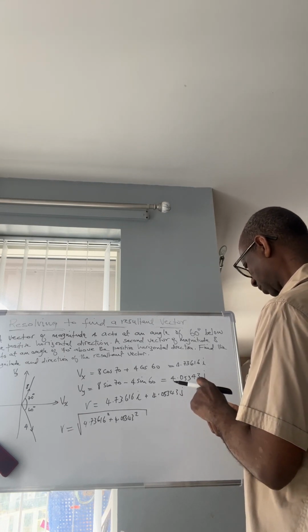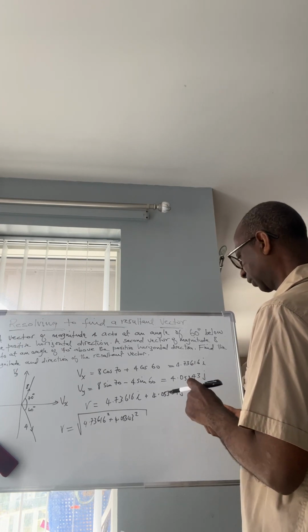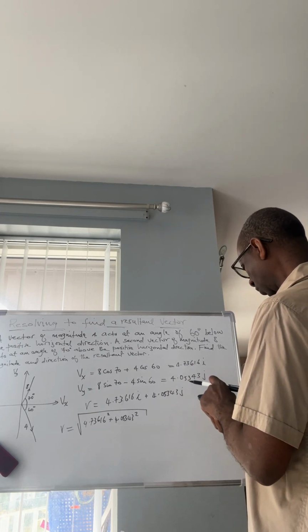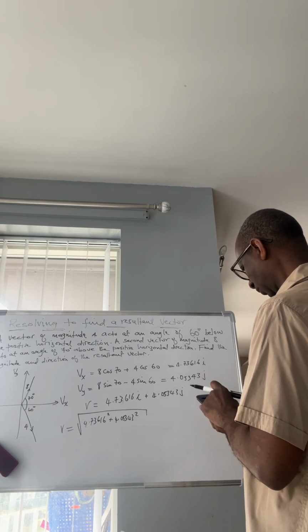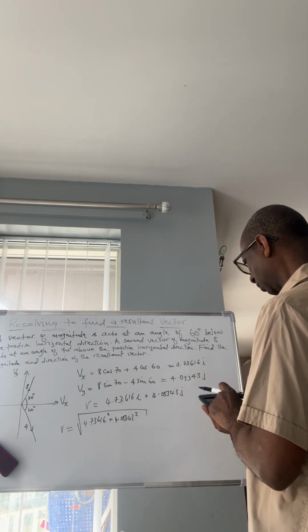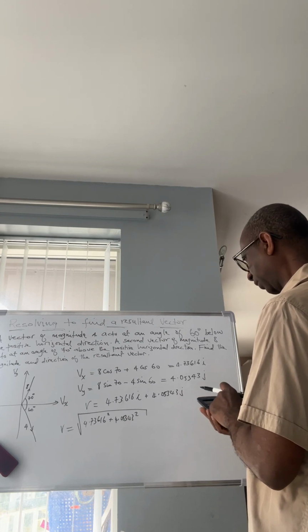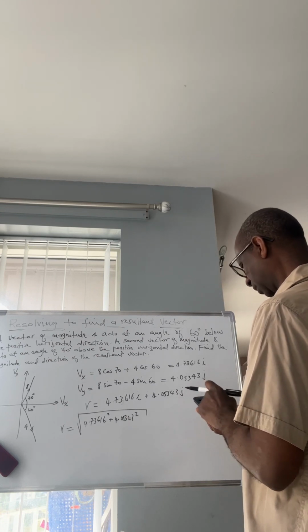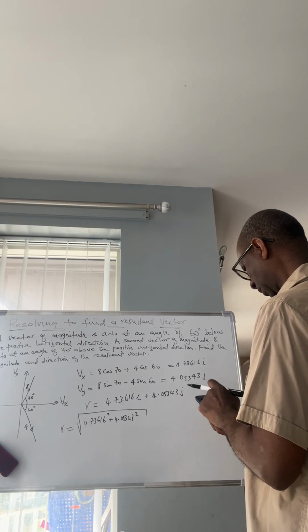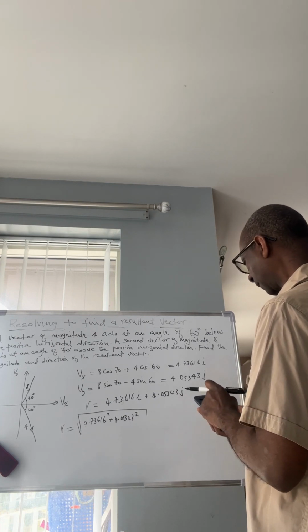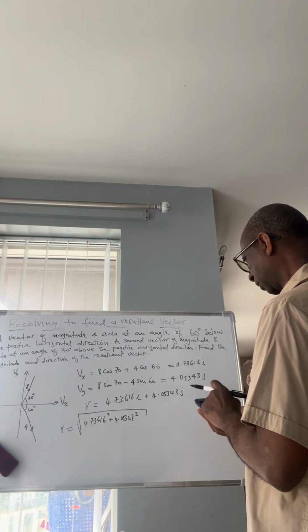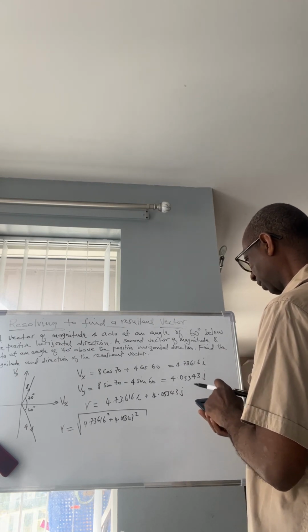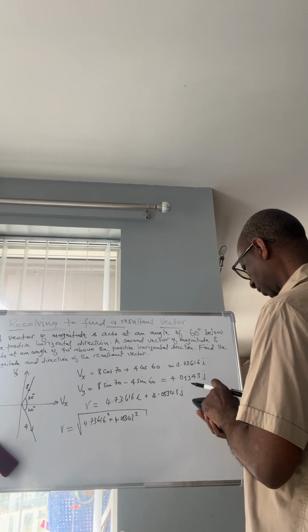What if I press the wrong button? The square root of 4.73616 squared plus 4.05343 squared.